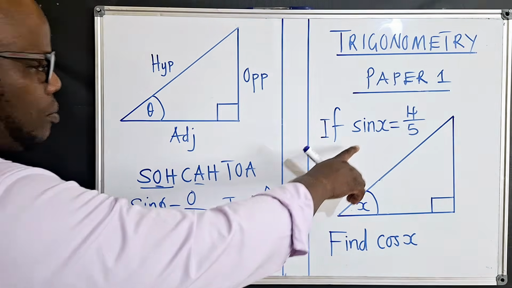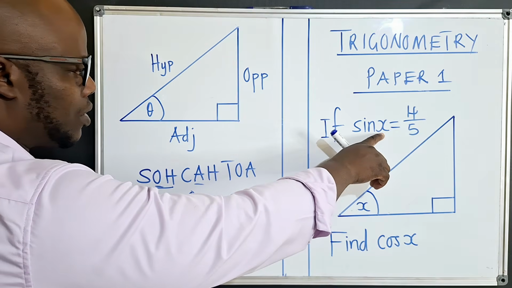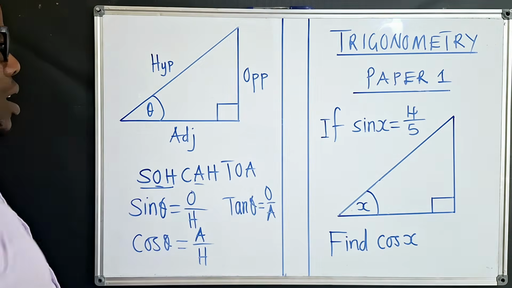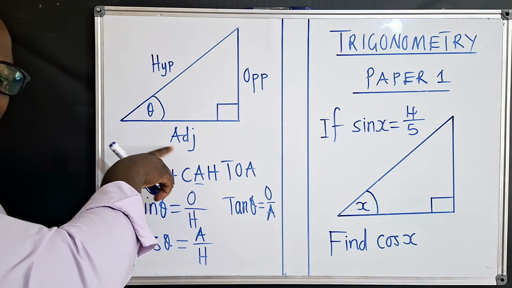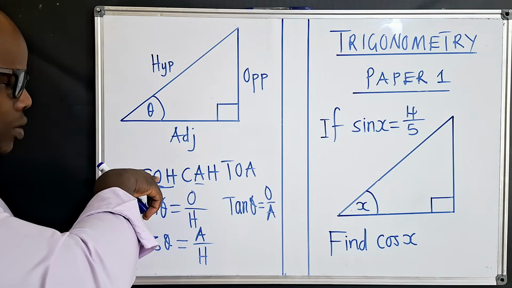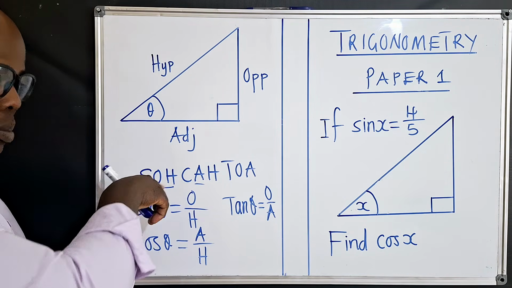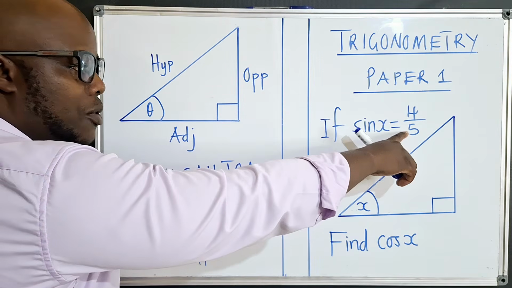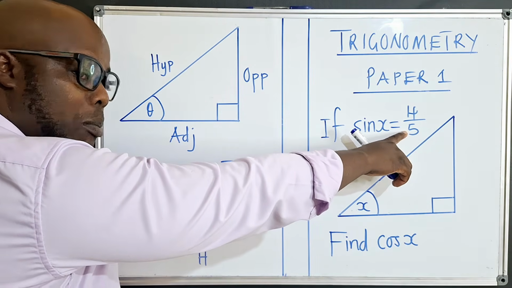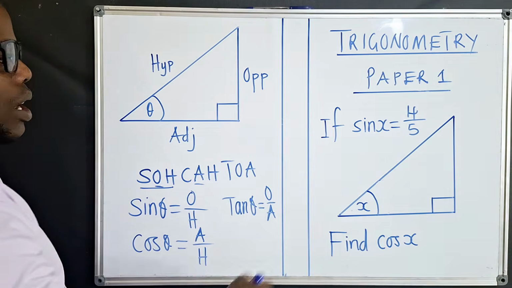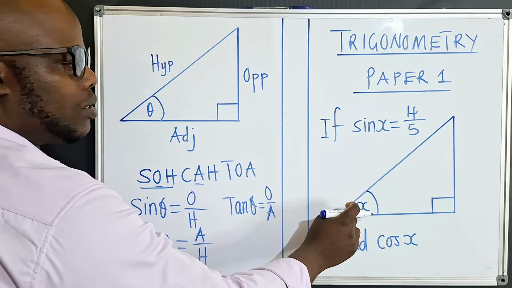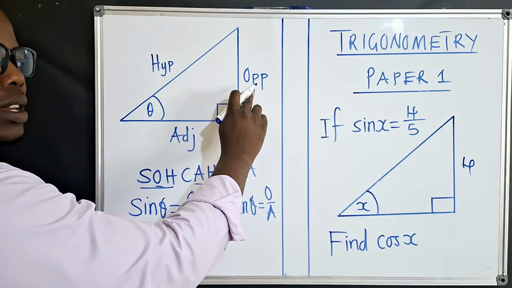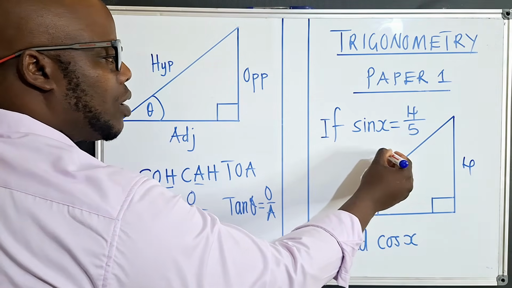So now, this is sine x, and they've said it's 4 over 5. We know that sine is supposed to have opposite and hypotenuse. So this 4 is our opposite, and 5 is our hypotenuse. So we can say, this is x, opposite must be here, and 4 is our opposite, while 5 is our hypotenuse.